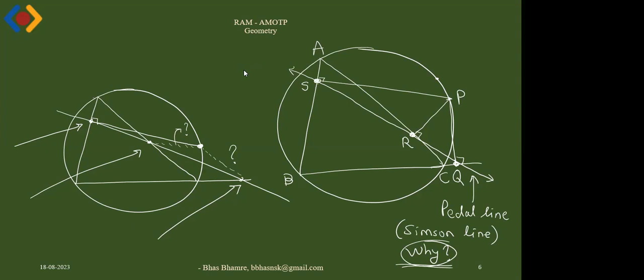I think one should lie in the exterior, because if all are interior, then because of the triangle, we are not going to get a straight line. So pedal line is not considered as a pedal triangle. Pedal line is the degeneration of pedal triangle. The triangle is degenerated because P is a special point which is on the circumcircle.